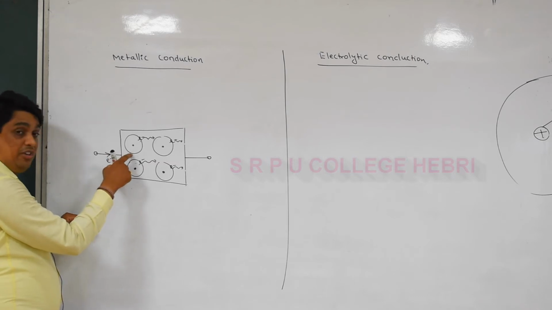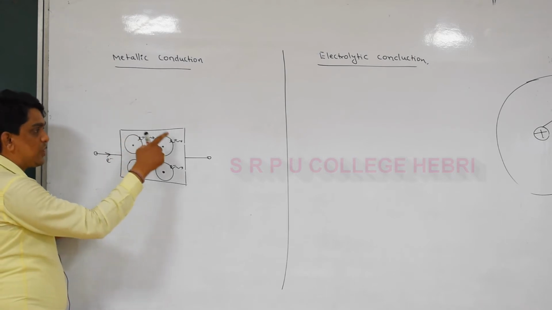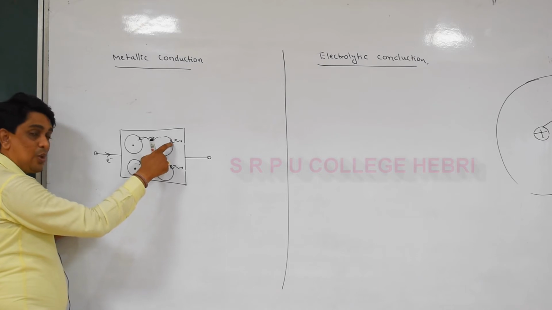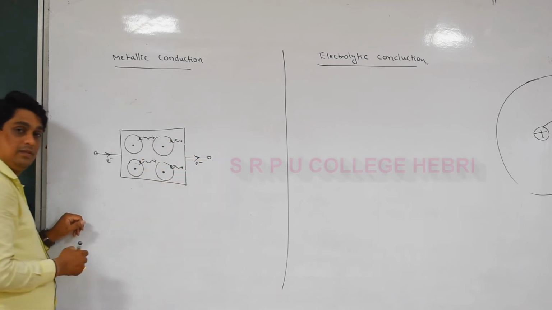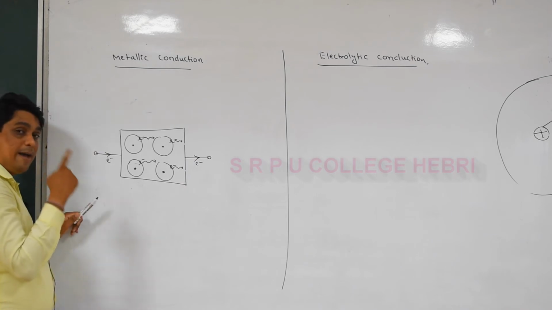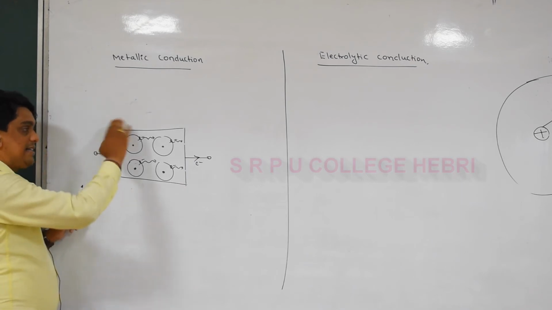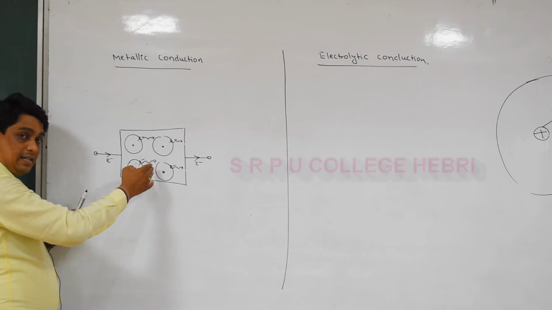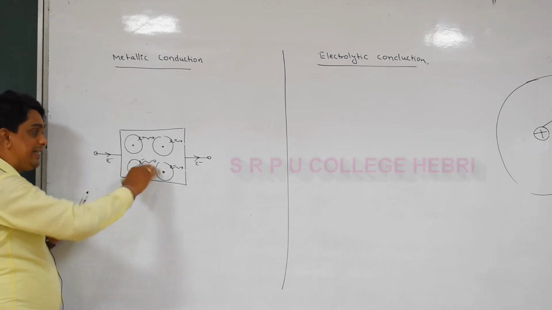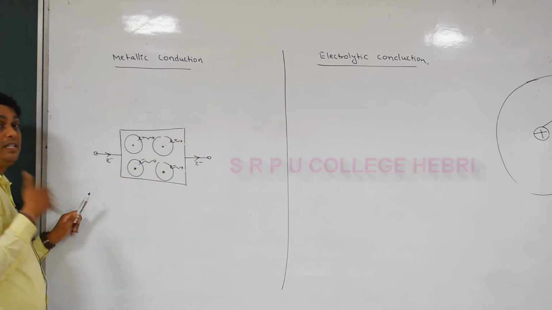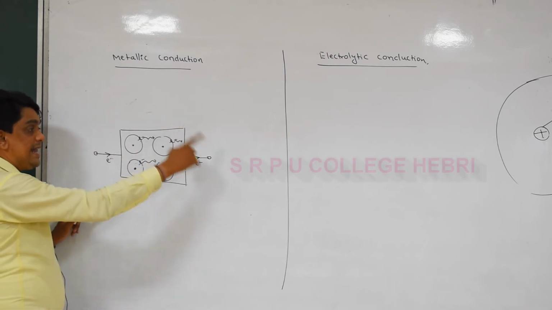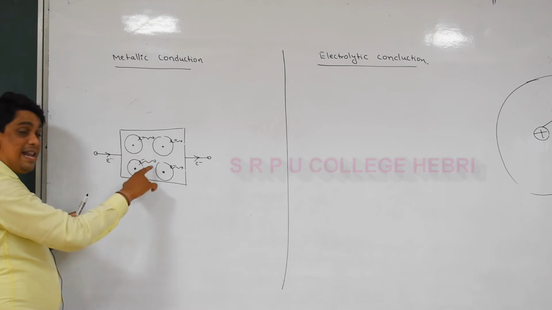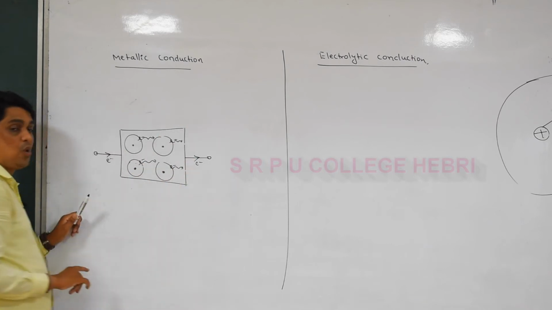This electron which entered will push this electron here, and the electron present here will be ejected out. When you apply the electric field, as electrons come in, the same quantity of electrons will be ejected out. If 10 electrons come in, 10 electrons go out. If 20 electrons come in, 20 electrons go out.